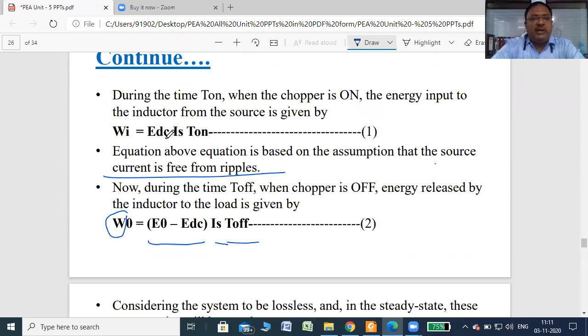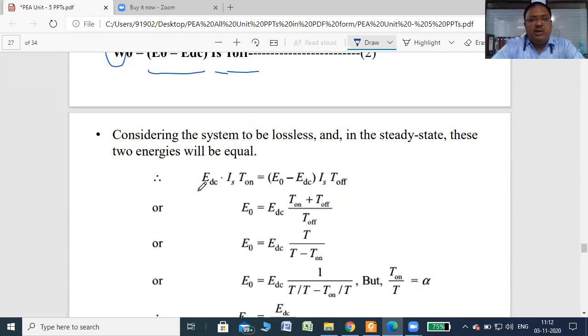Wi is nothing but EDC into IS into T on, and this is W0. The inductor stores the energy Wi and releases the energy W0. If we consider that the system is lossless, then definitely these two energies are equal, because whatever energy is stored by the inductor is released.